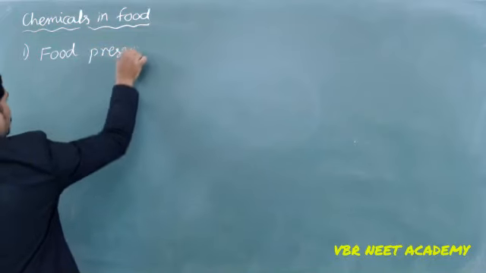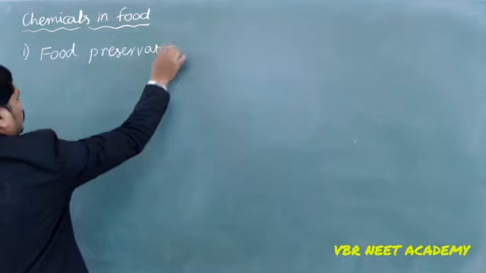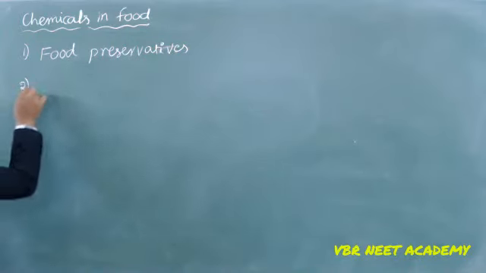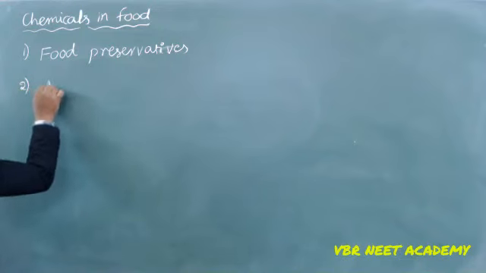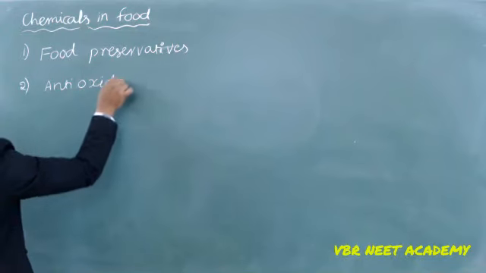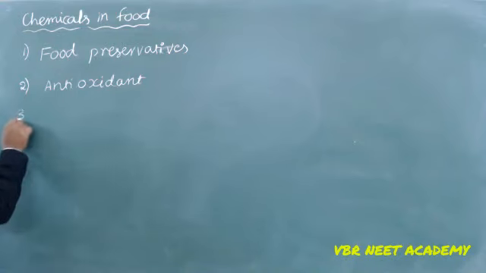We are supposed to preserve the food for a longer time. So we add food preservatives, and we can also add antioxidants for certain things. It is also one of the food preservatives.